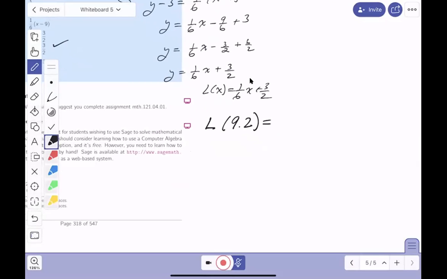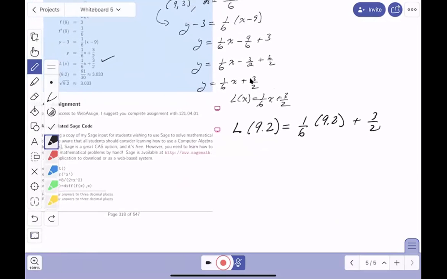That's going to be 1/6 times 9.2 plus 3/2. I guess we have to do the arithmetic because they did it, right? I'm not going to use a calculator either. So this is 1/6 times 92 tenths plus 3 halves.